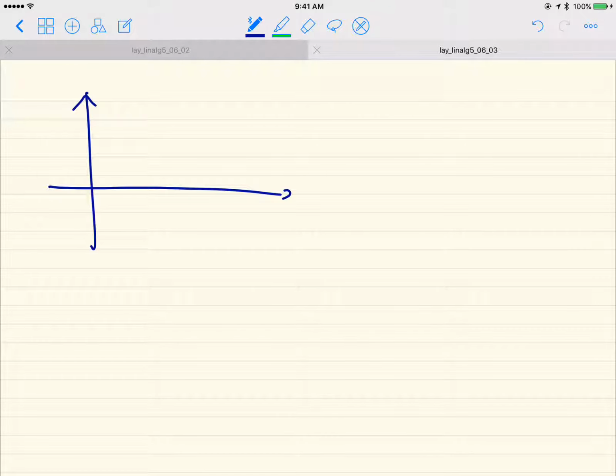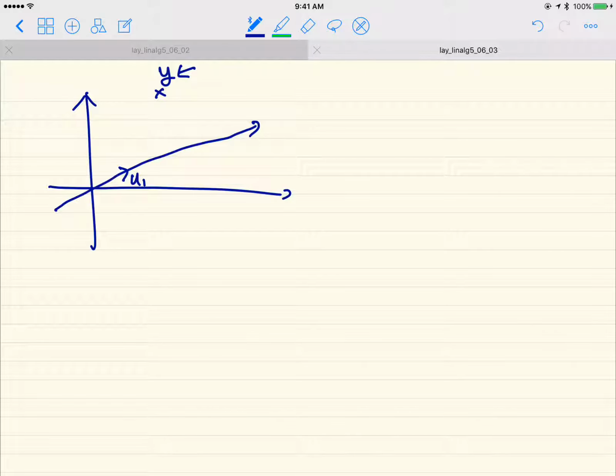Best approximation. Let me explain this in a simpler situation. You have this subspace spanned by this vector U1, and you have some vector Y here, and this vector Y is to be approximated.